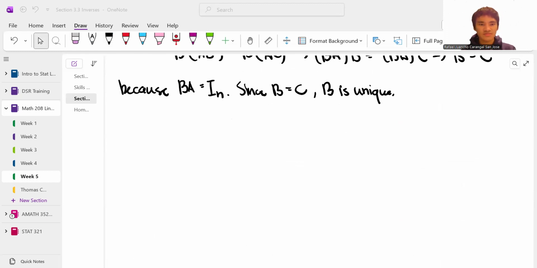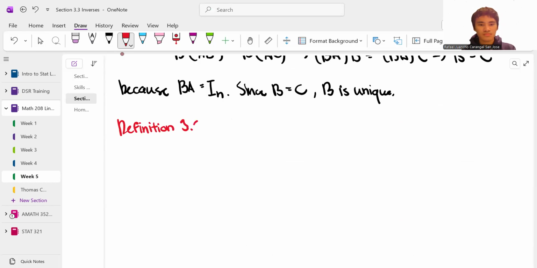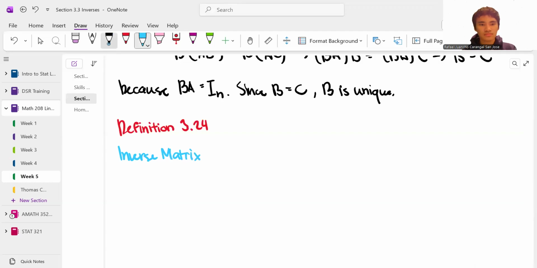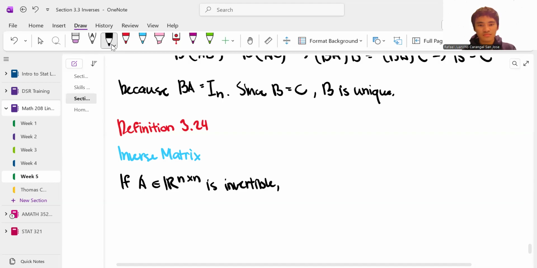Let's do a new definition here. Definition 2.24. Now we're going to talk about an inverse matrix. So let's say we have an n by n matrix, and we say this thing is invertible. Now we have a new thing to call it.